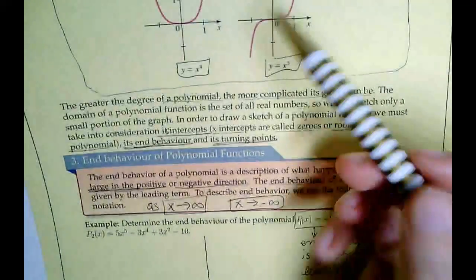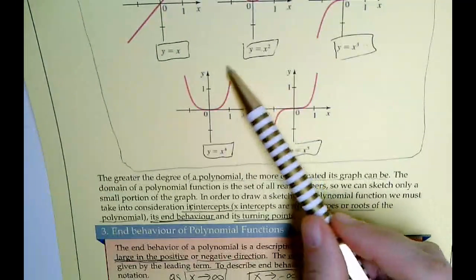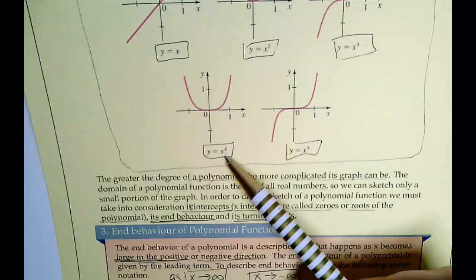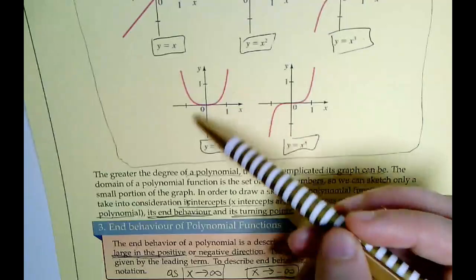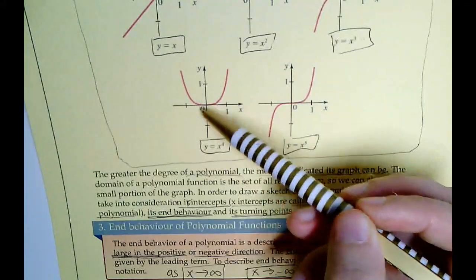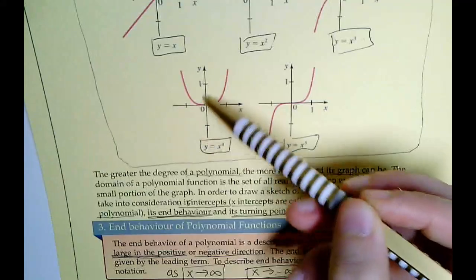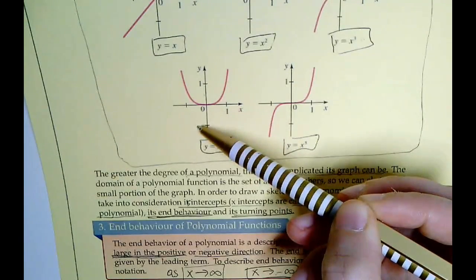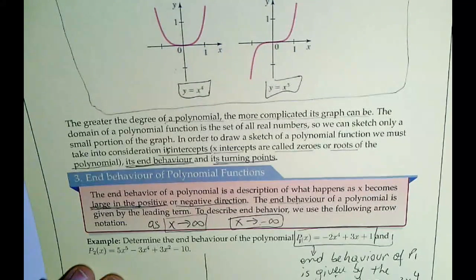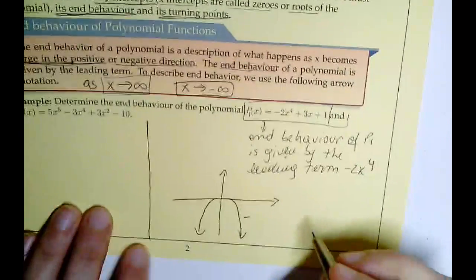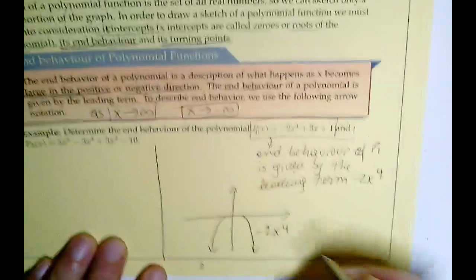So x to the fourth is like this, right? And this is when the leading coefficient is 1. If the leading coefficient is negative 2, if you recall from power functions, the leading coefficient being negative just means that I flip this over the x-axis. So this is going to be negative 2x to the fourth.